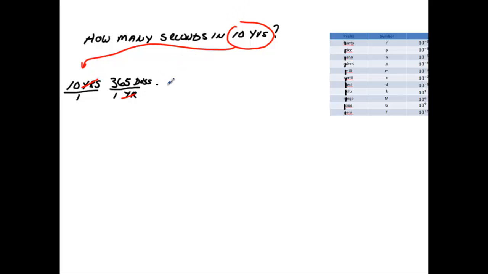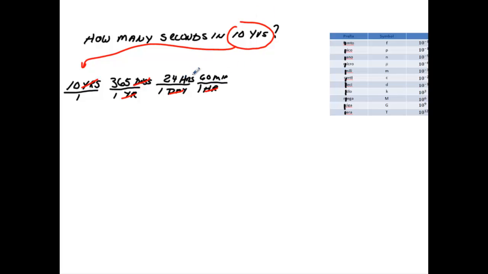Now we have days in the numerator, so I put 1 day down here. I put 24 hours up here. Days now will cancel. Now I'm in hours, I want to go to seconds. I can put 1 hour here, because hour is my numerator, put it down in my denominator. 60 minutes.